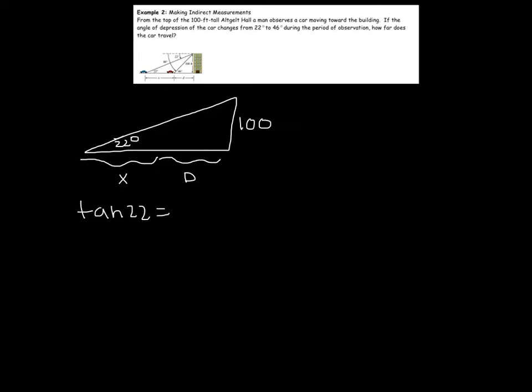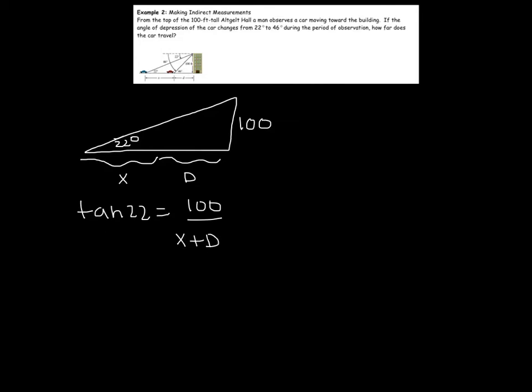So you can see here that essentially we have 2 different triangles. The first is going to be, we'll just say, that triangle, with 22 degrees. This triangle is made up of some distance x and some distance d, and the height is 100. So if we use tangent, tangent of 22 is equal to opposite over adjacent, so 100 over x plus d.